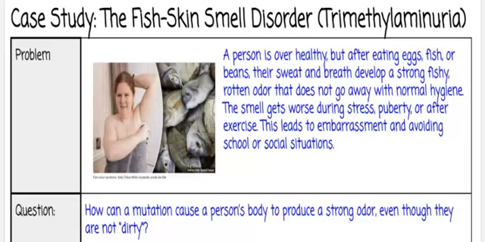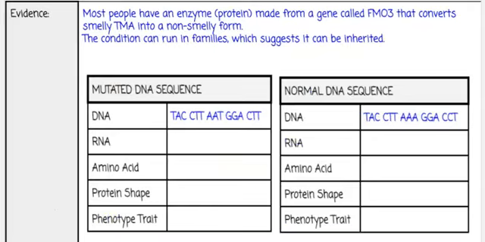Let's now think about this as a scientist and make a question. How can mutations cause a person to produce a strong odor even though they are not dirty? Most people have an enzyme, a protein made from a gene called FMO3, that converts the smelly TMA, the smelly chemical in the body, into the non-smelly form.